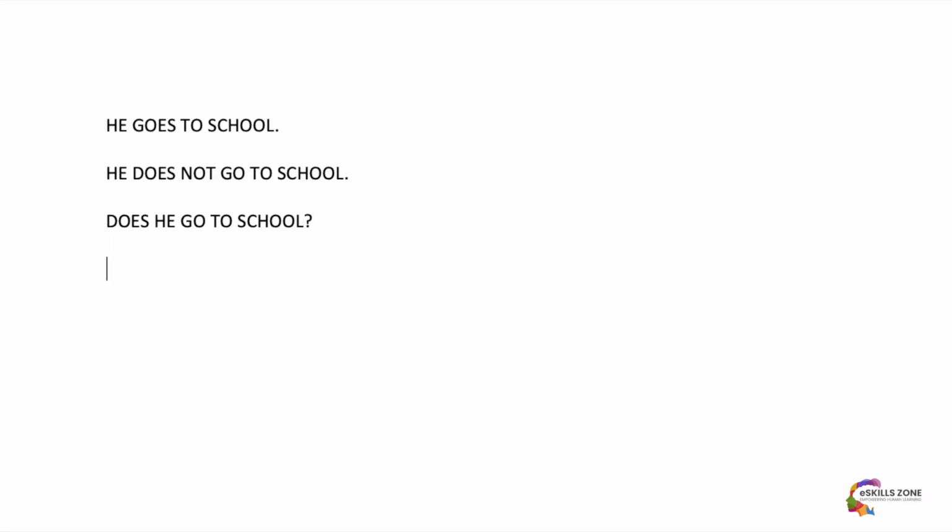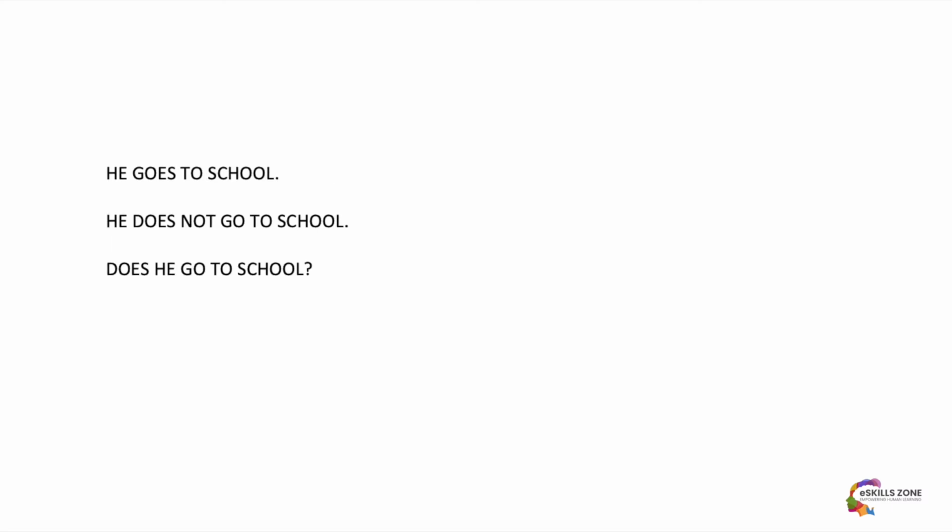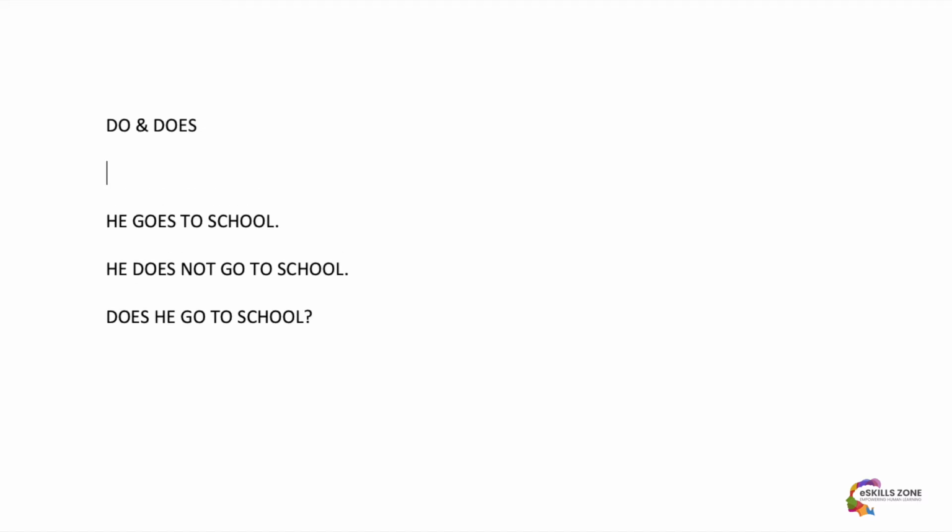In present indefinite, two helping verbs. The first one is do and the other one is does. We use do with I, we, you and they, whereas we use does with he, she and it.